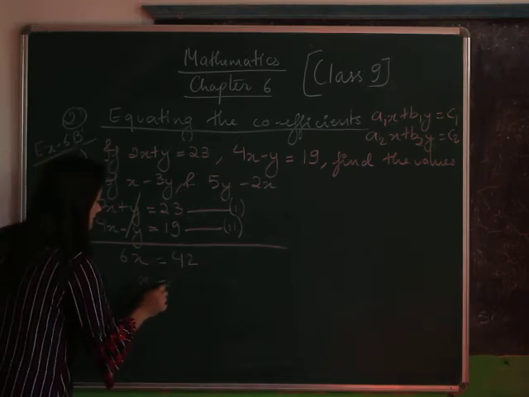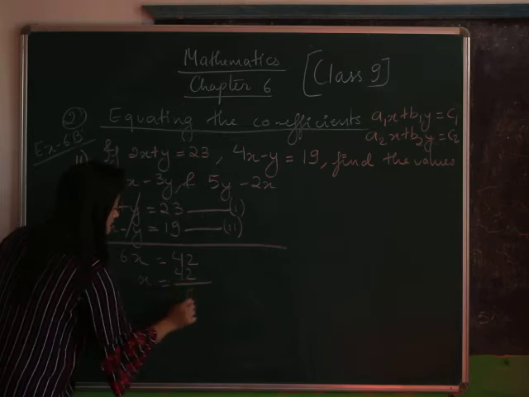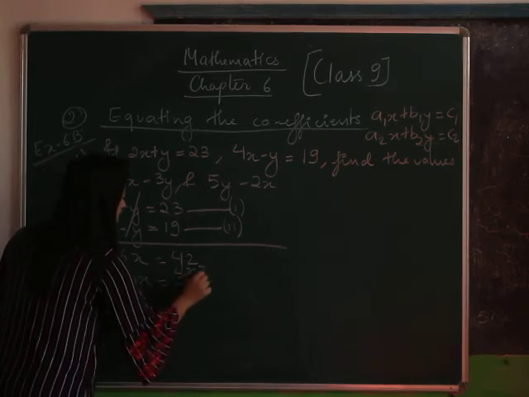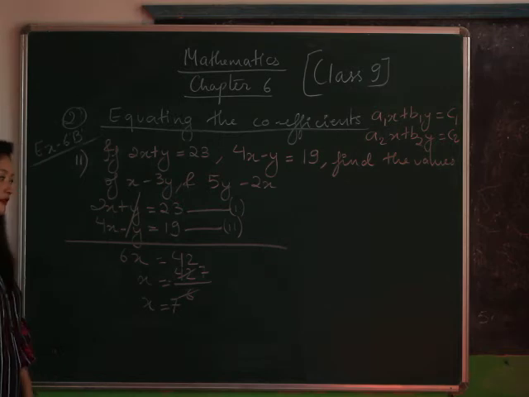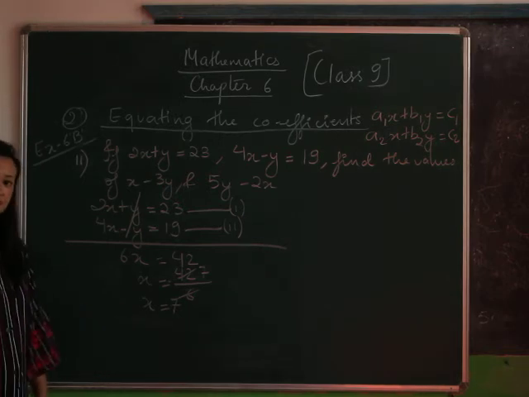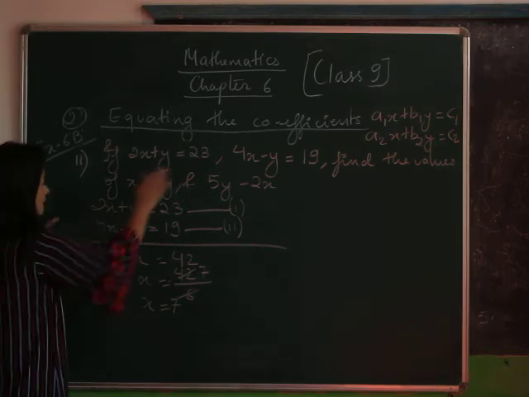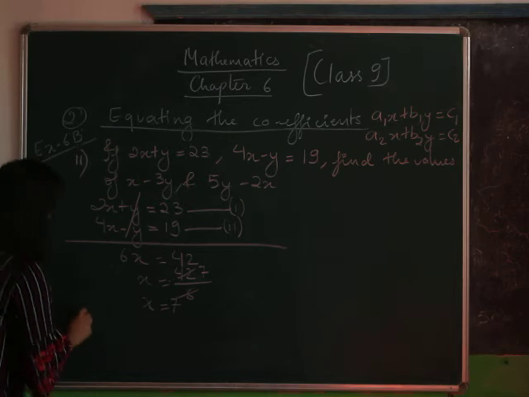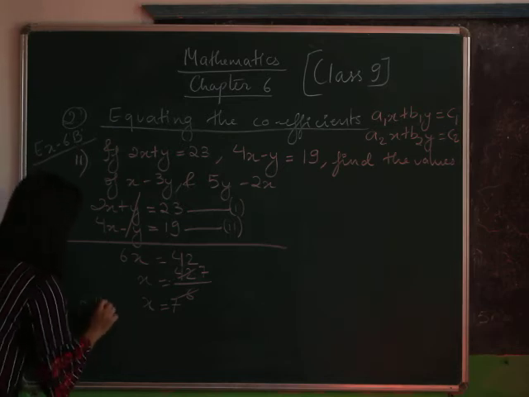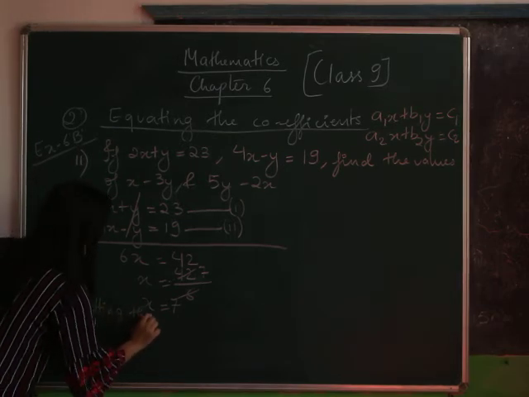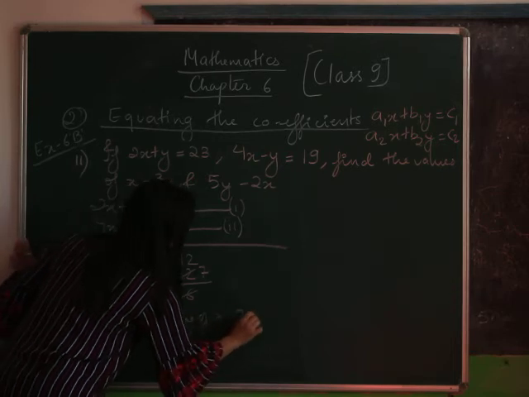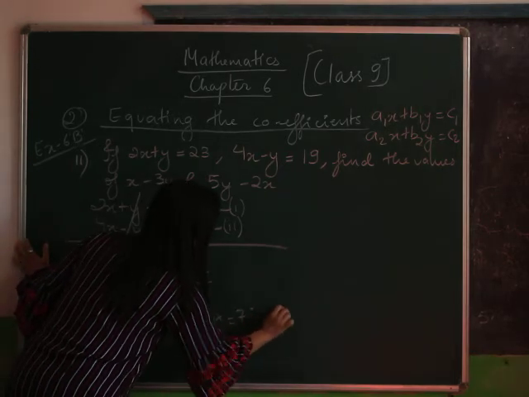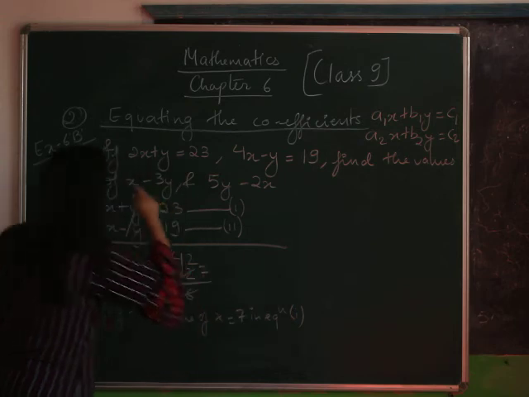So what do we get? x is 42 divided by 6, which is equal to 7. So the value of x is 7. Now, we can put the value of x in any equation. I'm doing it in equation 1.